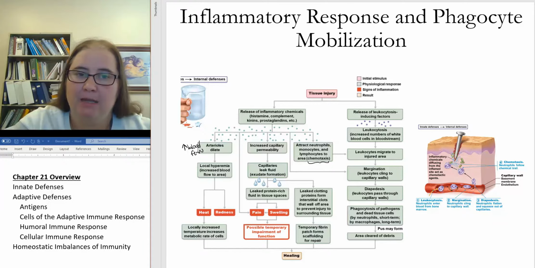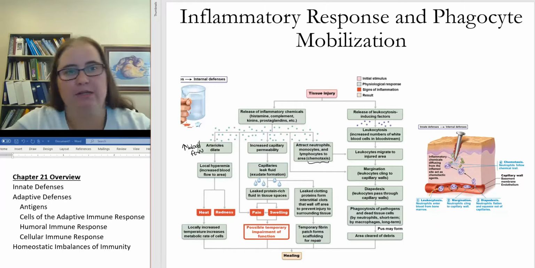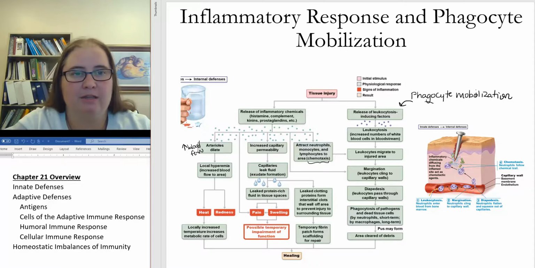Now, what you're going to see is that this area over here crosses over to over here. And this process over here is called phagocyte mobilization, and it encompasses this and this visually.